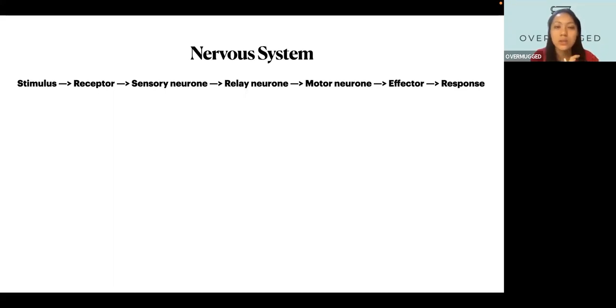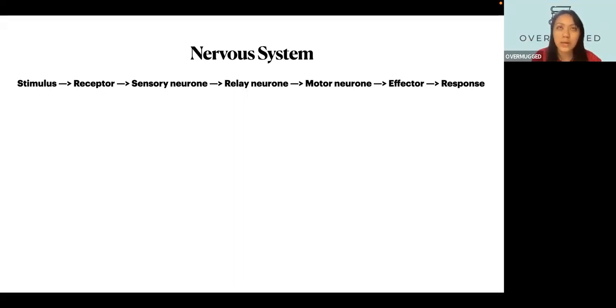What is the sensory neuron? What is the relay neuron? What is the motor neuron? The functions of these 3 neurons are also part of your syllabus. It says to state or explain the role, I can't remember exactly the wording, but basically explain the function of the sensory neuron, relay neuron, and motor neuron.